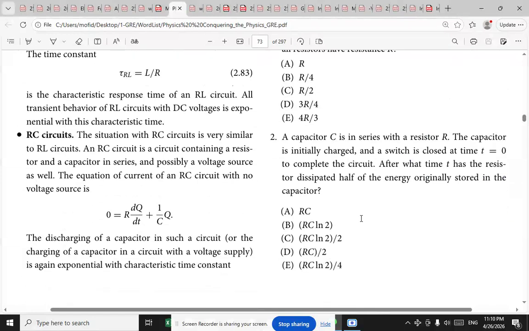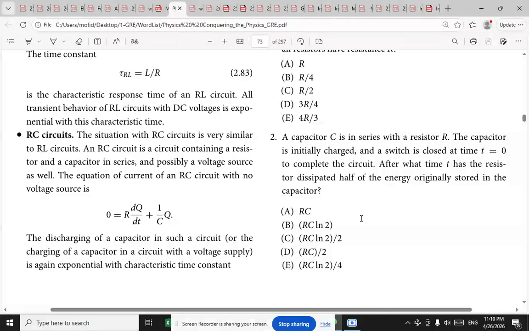Now I'm going to go through the RC circuits. The situation with an RC circuit is very similar to the RL circuit. An RC circuit is a circuit containing resistors and capacitors in series, and possibly a voltage source as well. The equation for the current of an RC circuit with no voltage source is 0 is equal to R multiplied by dQ/dt plus 1 divided by C multiplied by Q, the charge.